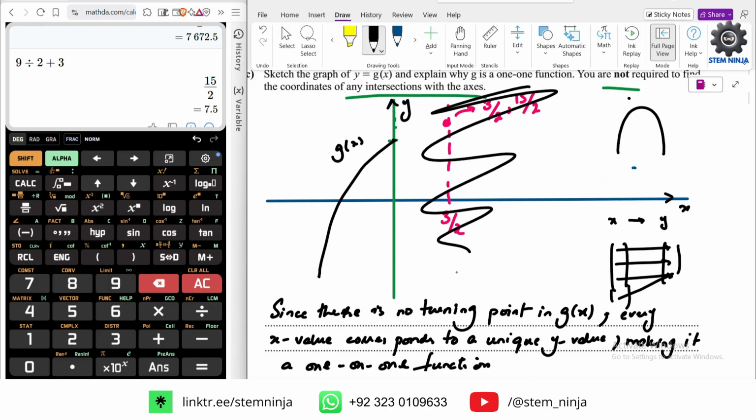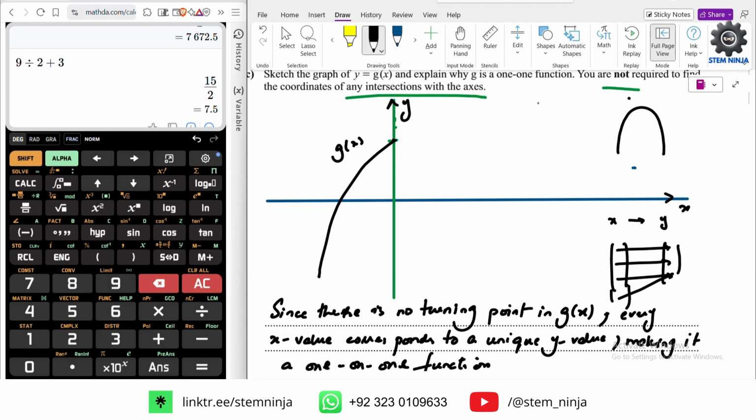So the mirror line would be y is equal to x. So this is your y equals x mirror line, and it would be exactly the same going on over here. So the graph would, let's use blue this time, be crossing this over here, and it would be meeting somewhere over here.